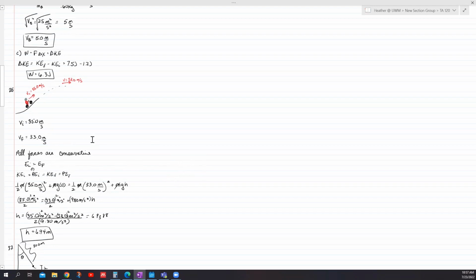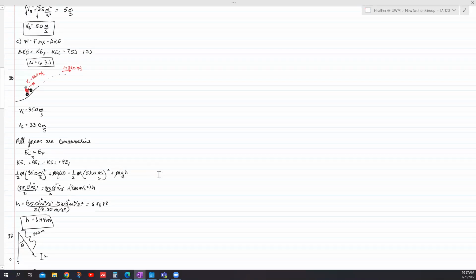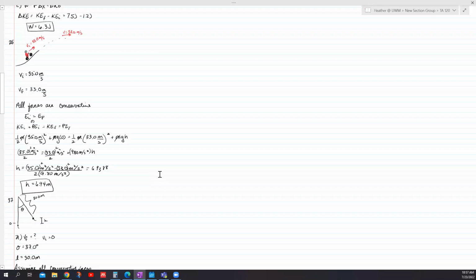So we can cancel off initial potential energy. We can cancel off our masses because the mass of the motorcyclist doesn't change. And we enter in our knowns, do a little algebra, and we end up with 6.9388. Using significant digits, we end up with H equals 6.94 meters.